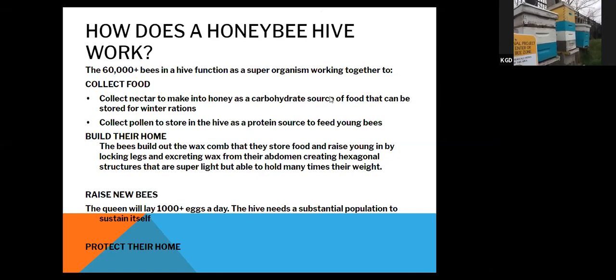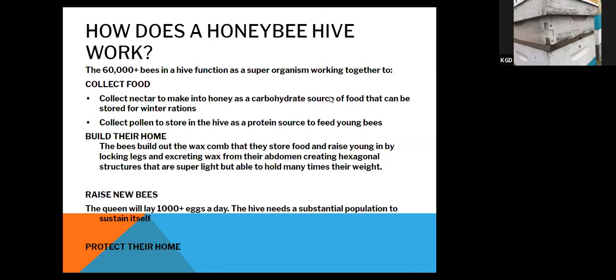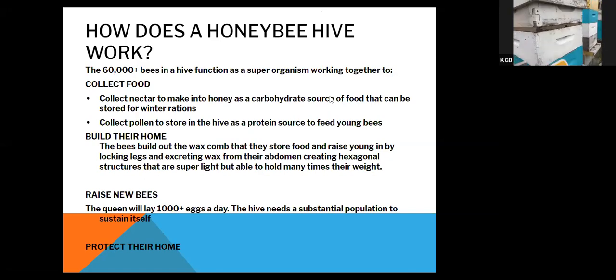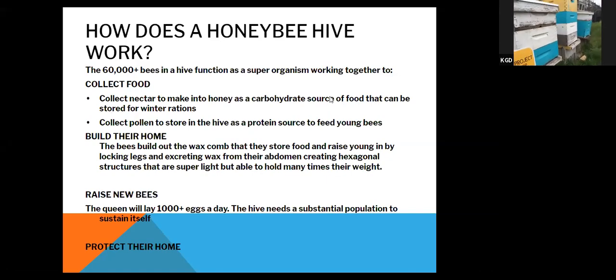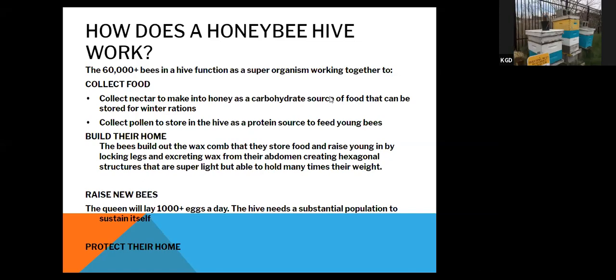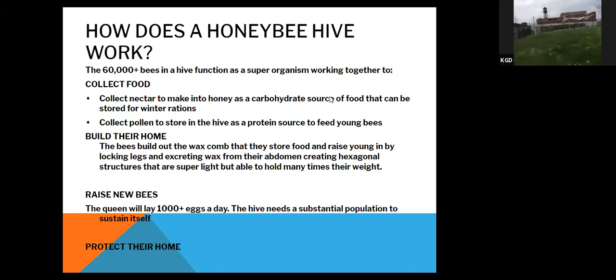The queen cannot live without the workers. The drones can't live without the workers. And none of the workers can work without the queen. We'll talk about drones, but those are the males, and they're needed to create sperm for the next generation, amongst other things.